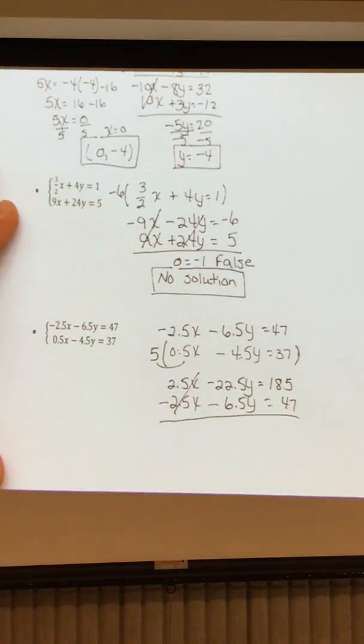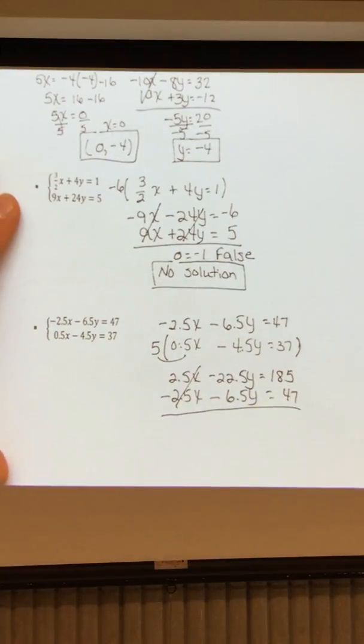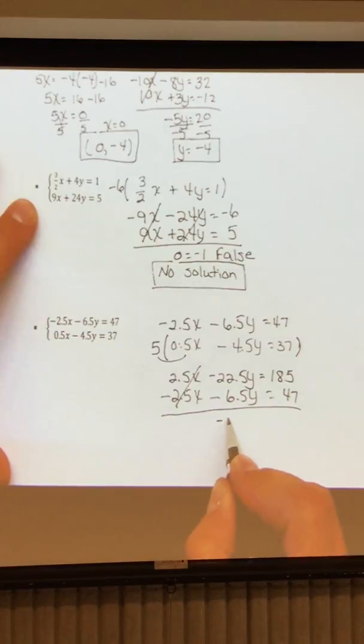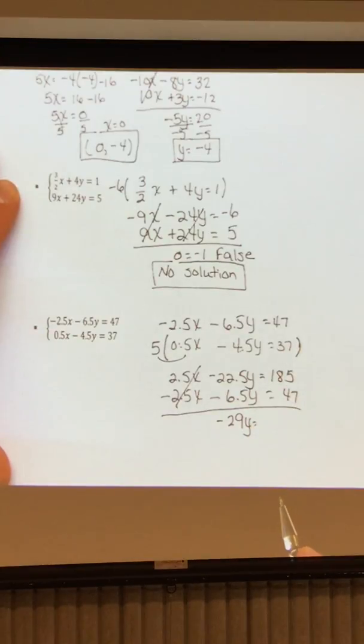So we have negative 22.5 minus 6.5, that is negative 29y. 185 plus 47 is equal to 232.